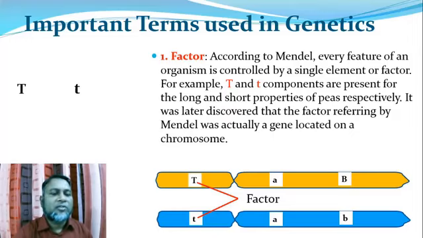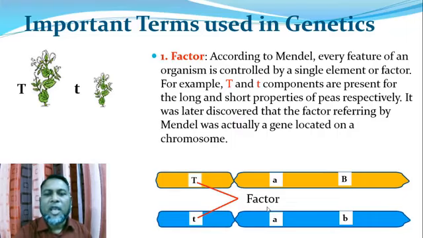At first, we discuss factor. According to Mendel, every feature of an organism is controlled by a single element or factor. This single element is known as a factor. One factor creates one character.